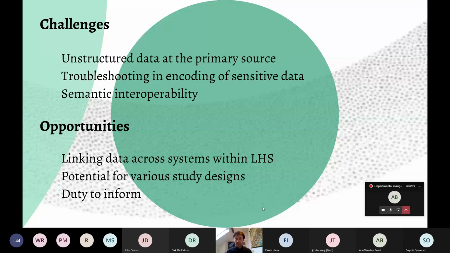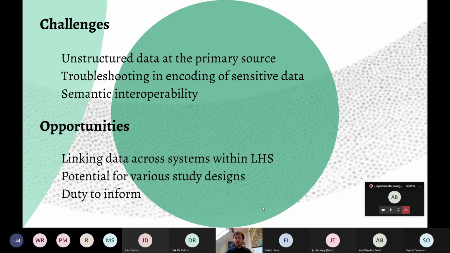this infrastructure relies heavily on the data at the primary source, and any data which is unstructured at the primary source will remain unstructured and will not be captured by this infrastructure. So the key to having data quality here is having structured data at the primary source. And so a challenge will remain to be having a lot of unstructured data, which will always be part of routine healthcare.